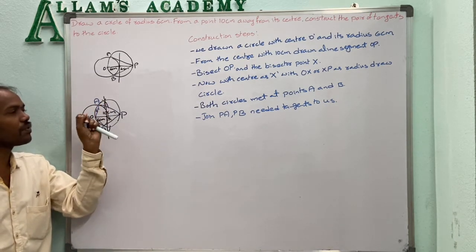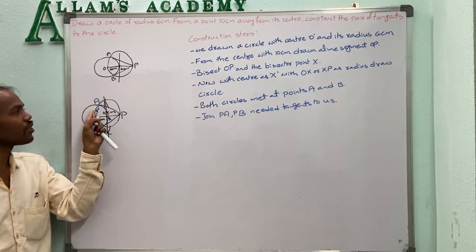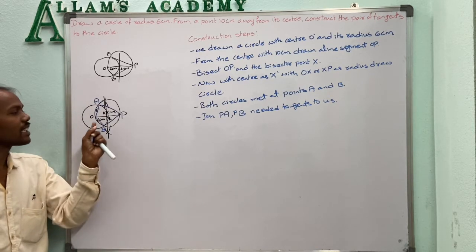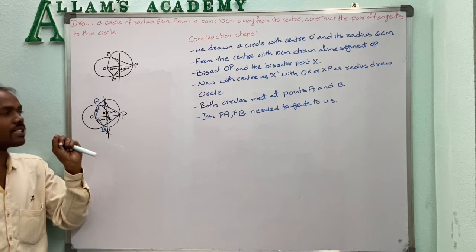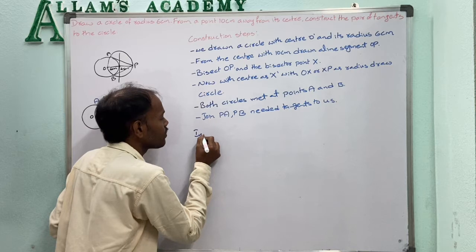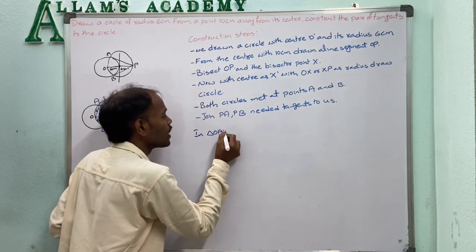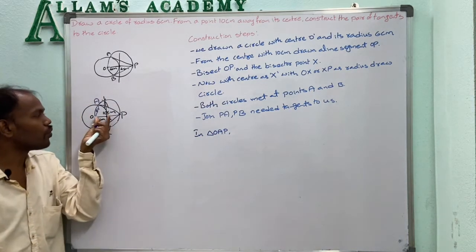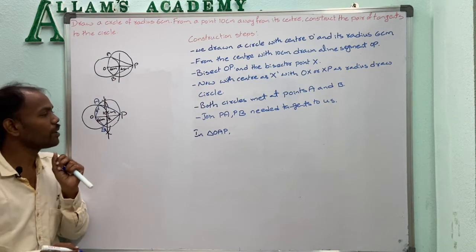If we want to measure AP, we already know that at point A it is 90 degrees and at point B also 90 degrees. So by the Pythagoras theorem in triangle OAP, OP is the hypotenuse.